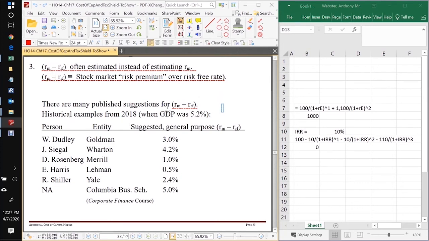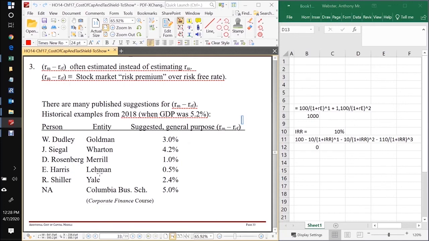So a lot of people have estimated this risk premium of the stock market over the risk-free rate. The latest set of examples I have for you, I poked around all over the internet, is from 2008 when GDP was 5.2%. One of the head analysts from Goldman Sachs suggested using a risk premium of 3%, and a prof at Wharton suggested 4.2%. An analyst at Merrill Lynch suggested 1%.